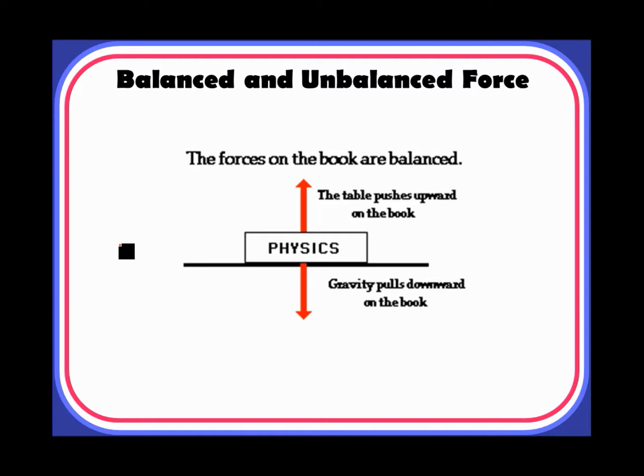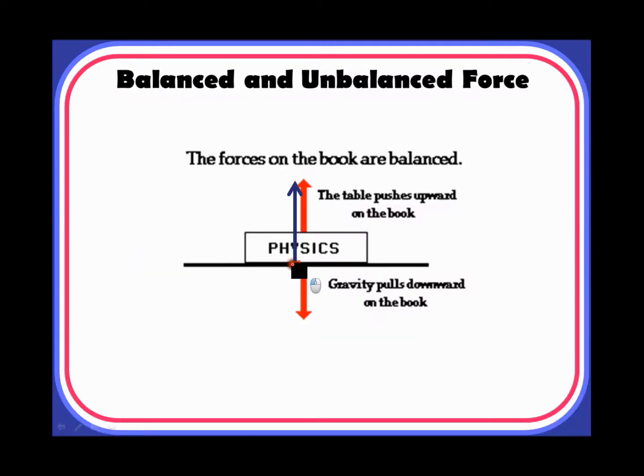Okay, now let's take a look at this book. The forces on the book are balanced. There are two forces, namely the gravitational force as well as the reaction force. But there's a mistake in the diagram, in the free body diagram for the book. Firstly, the normal reaction force should be from the point of contact between the book and the table.